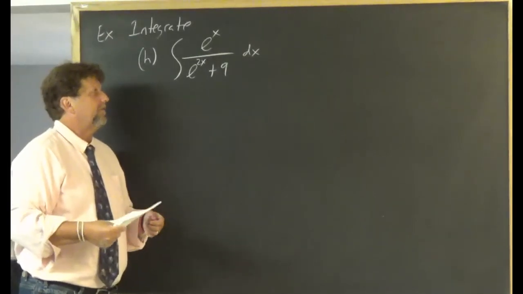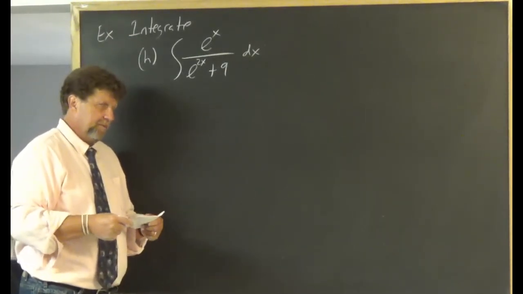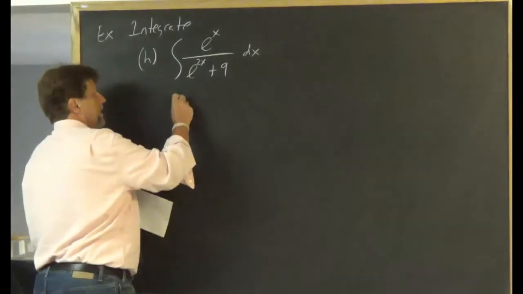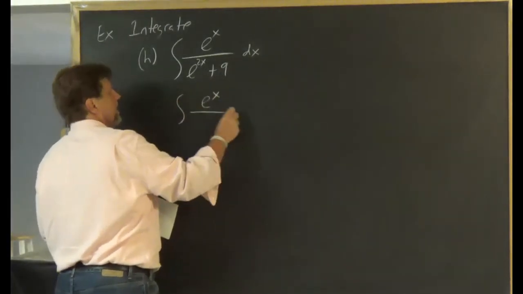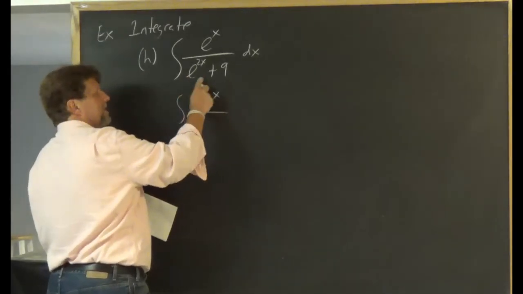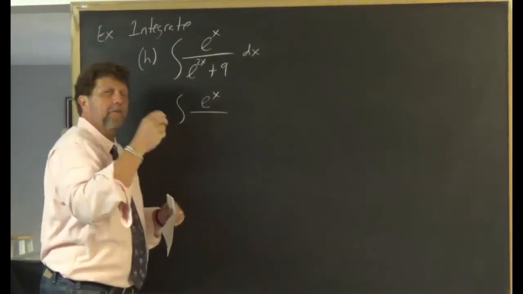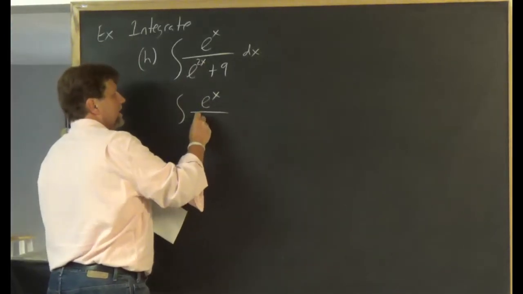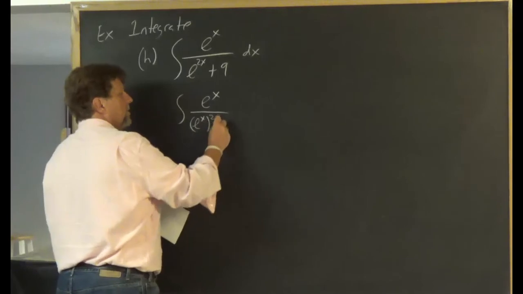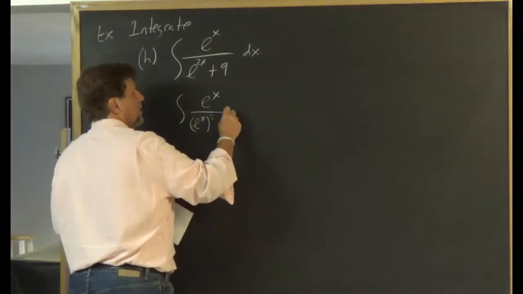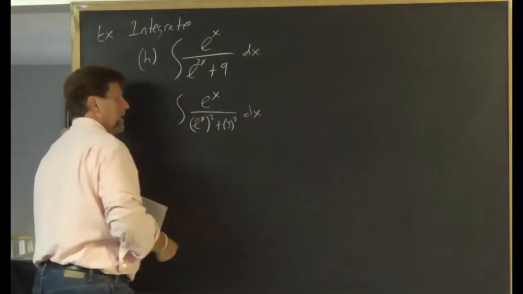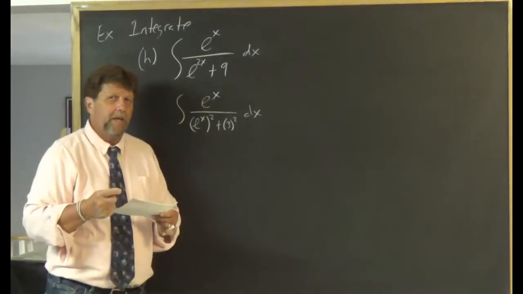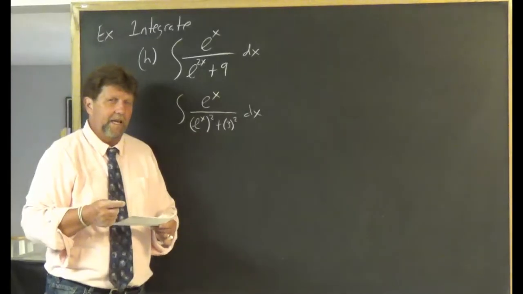Okay, we could try a lot of false starts here, a lot of false steps, but I'm just going to cut to the chase. When I see this denominator, it's like, okay, 9. I know 9 is 3 squared. e to the 2x is (e to the x) quantity squared. Boy, it's kind of looking to me like it's going to kick out an inverse tangent.